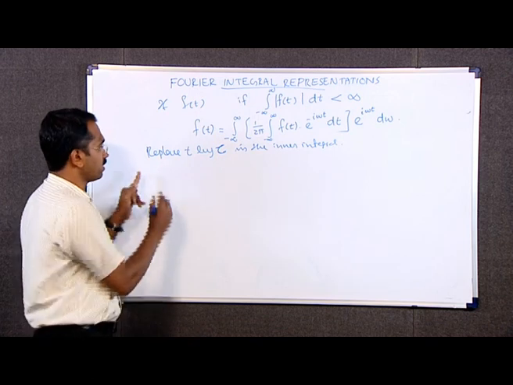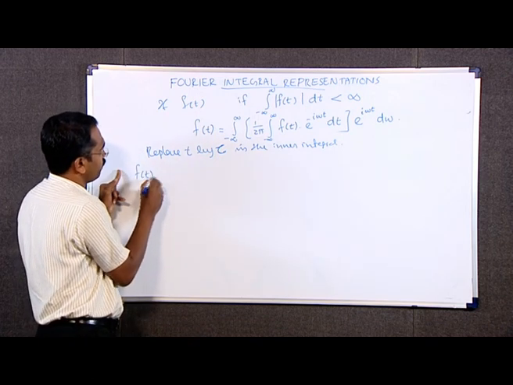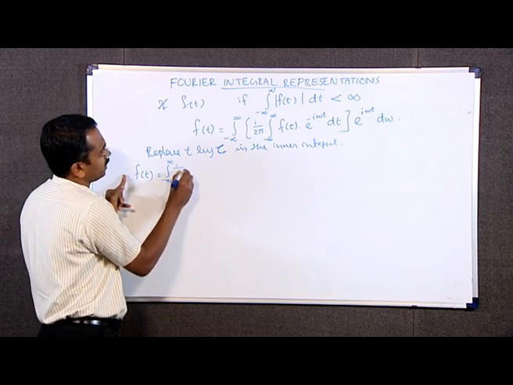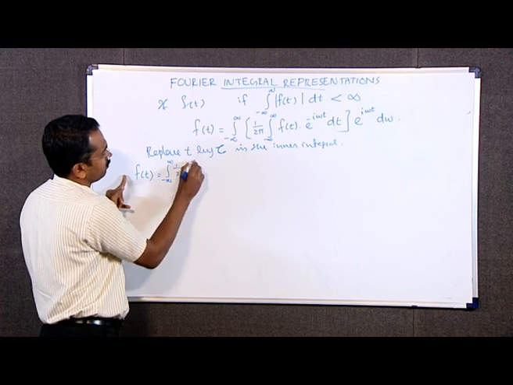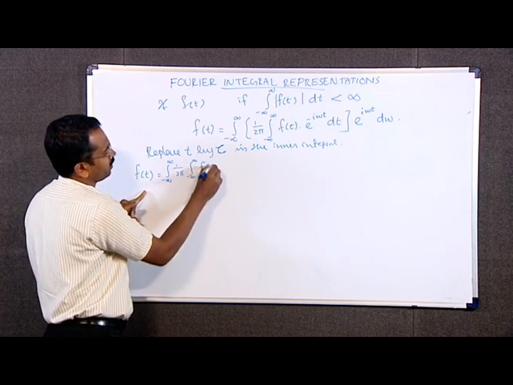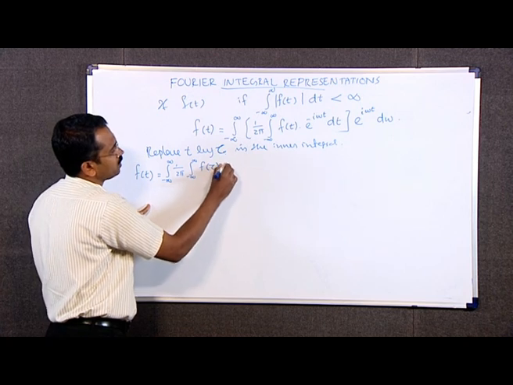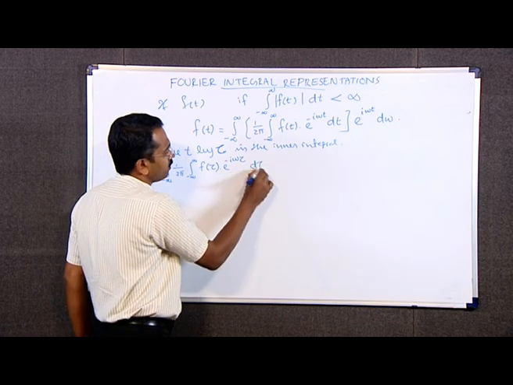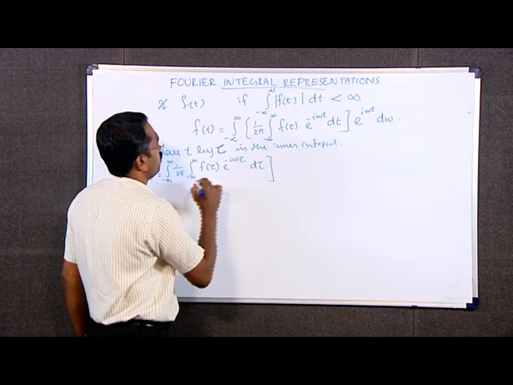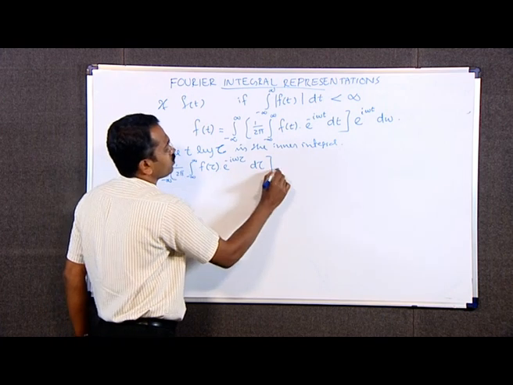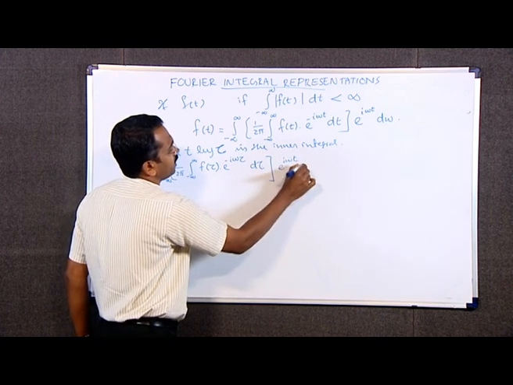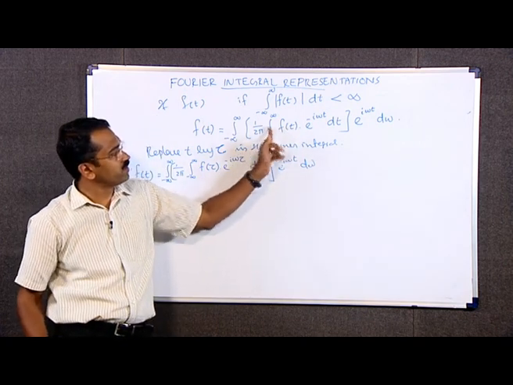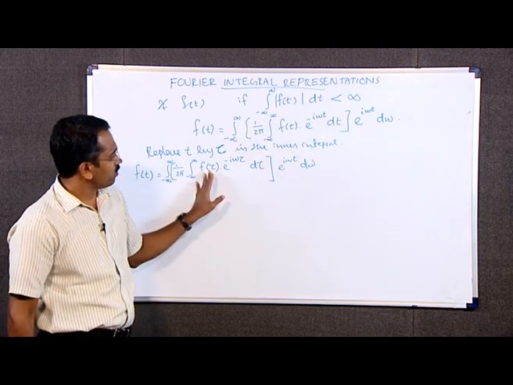Then we can write f of t as equal to integral from minus infinity to infinity of 1 by 2 pi, integral from minus infinity to infinity f of tau into e raised to minus i omega tau d tau, into e raised to i omega t d omega. We just replaced t by tau in the inner integral only.